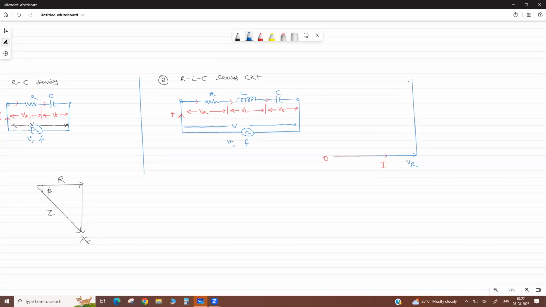This is your VL, and here it is VC. These are opposite. Now it depends on the value of the capacitive reactance and inductive reactance. It depends.